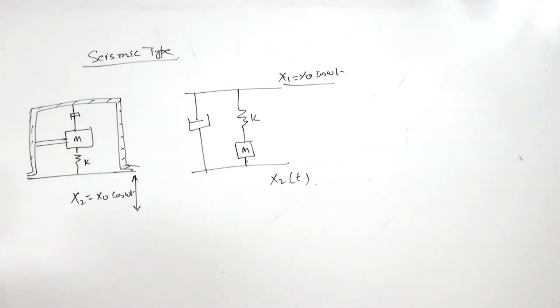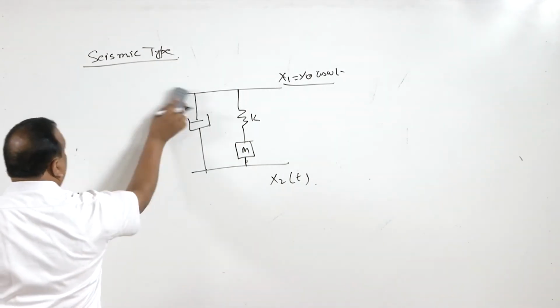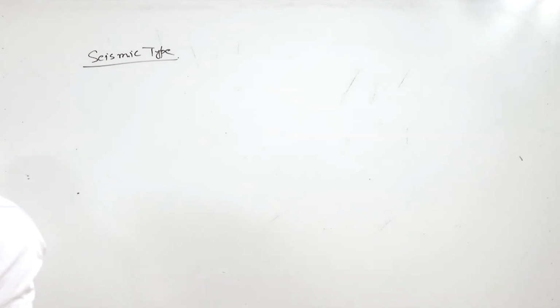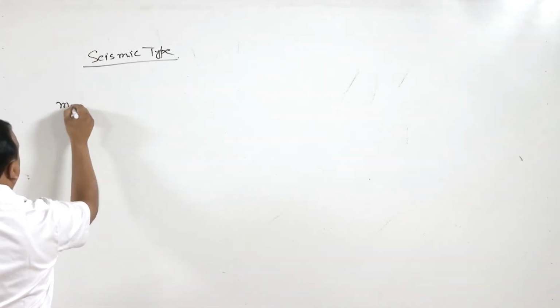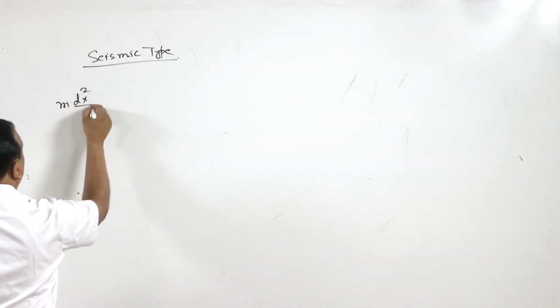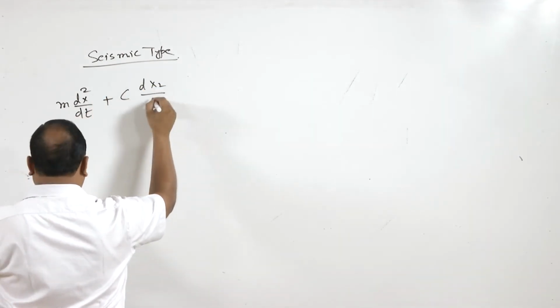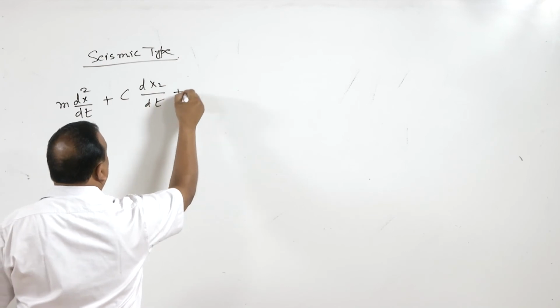Now we can do this vibration analysis. So we'll start with the basic equation. The basic equation is m d square x2 by dt square plus c dx2 by dt plus k x2.